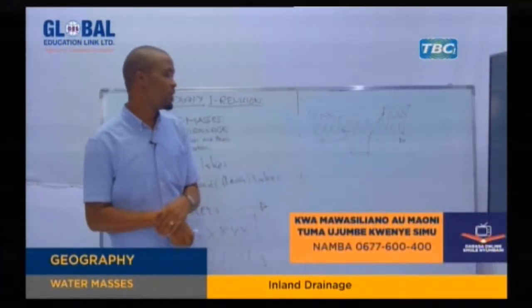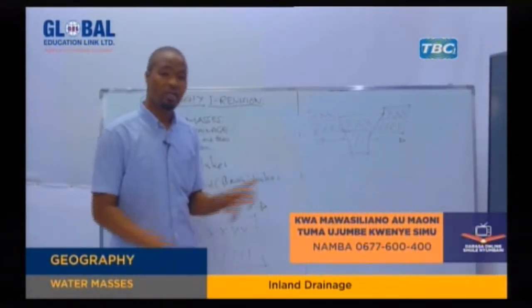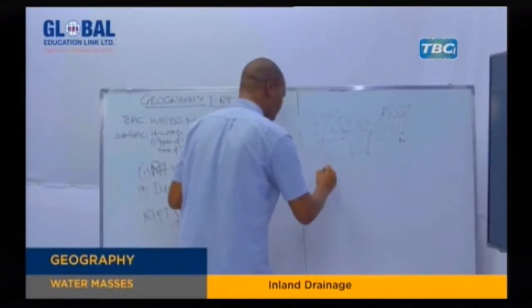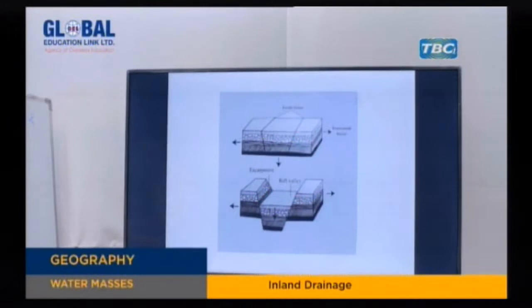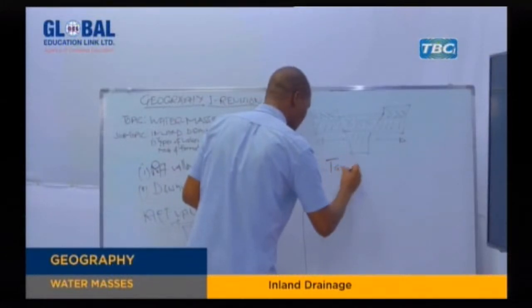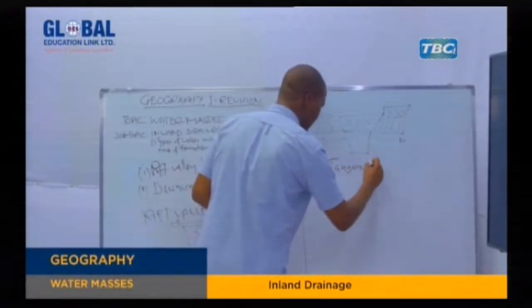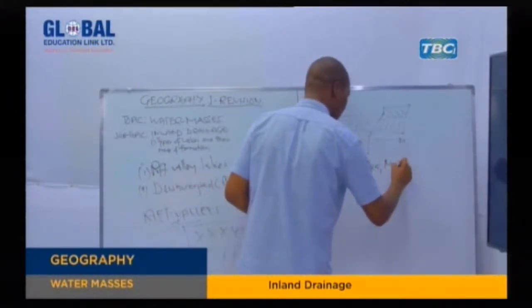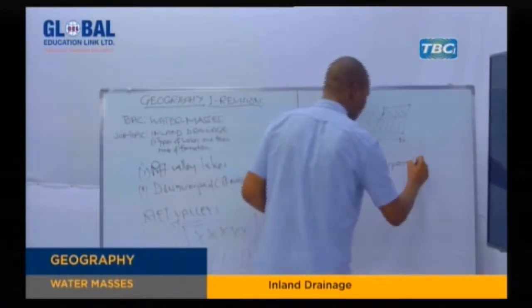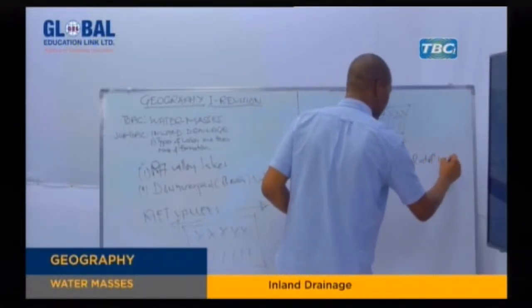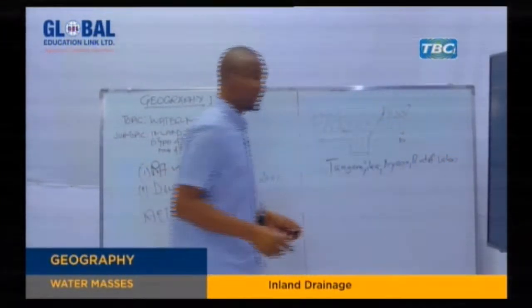Once the Rift Valley becomes flooded or filled with water, then we call it the Rift Valley lakes. Examples of Rift Valley lakes are Lake Tanganyika, Nyasa or Malawi, Rudolph, or they call it Turkana, etc. These are Rift Valley lakes.